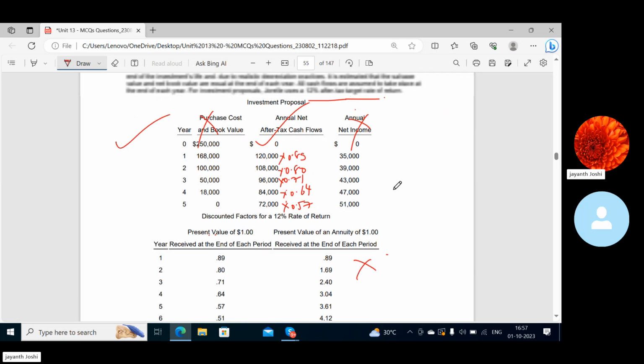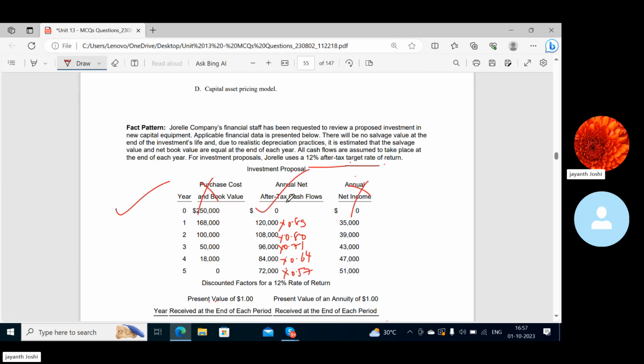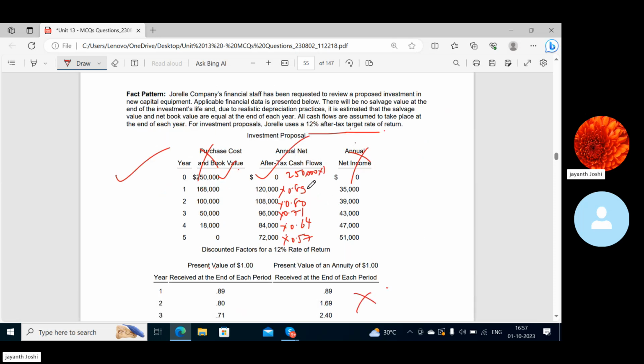The investment is 250,000, right? Yes, sir. So multiply and tell me the present value of all these cash flows. I'll put the figure here and we'll subtract 250,000 from that. We'll get the NPV.